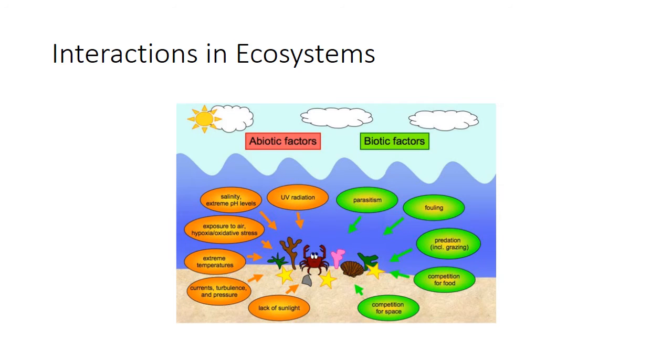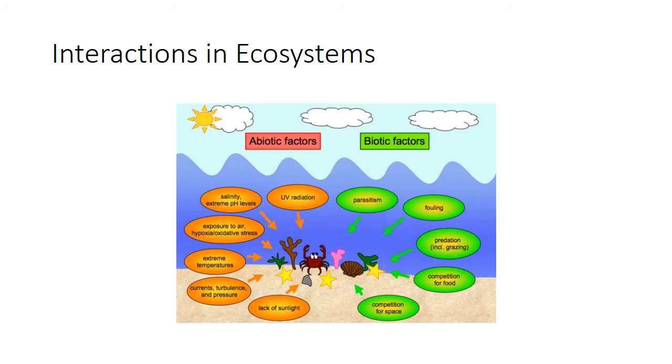Now, a little bit about interactions in ecosystems. We actually defined an ecosystem as a number of communities interacting not only at the level of different species of animals, but also at the level of abiotic factors. So in ecosystems, there is interaction with UV light, with salinity, extreme pH levels, exposure to air, interaction with extreme temperatures, currents, turbulence, pressure.